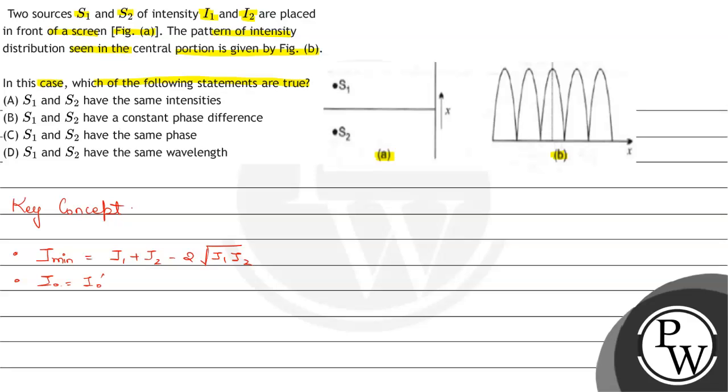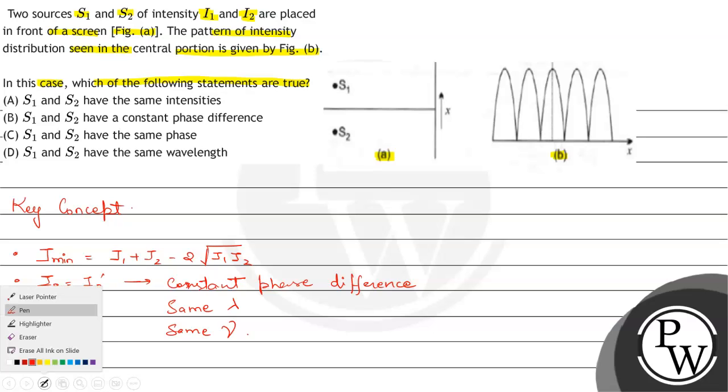What does coherent mean? It means that they must have constant phase difference, same wavelength, and same frequency. Okay, now we have everything prerequisite for our solution.